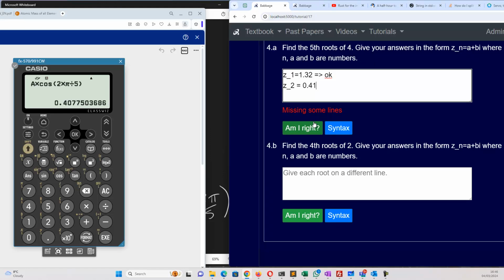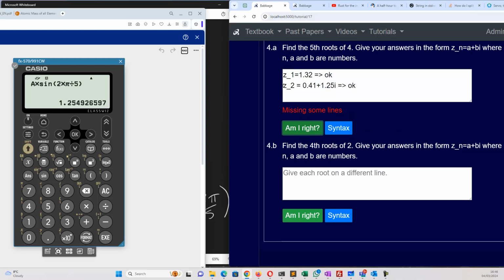That's the real part. Now we'll do the imaginary part. So we'll go back along our equation and we'll change the cosine to sine, and that's 1.25. So we've got plus 1.25i. Are we right? Yes, we are.